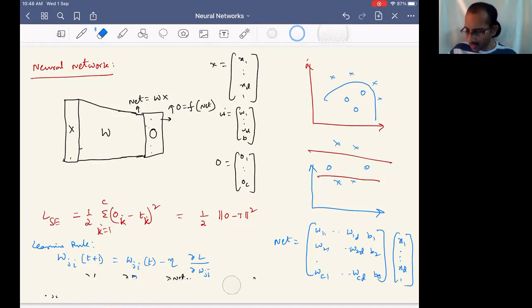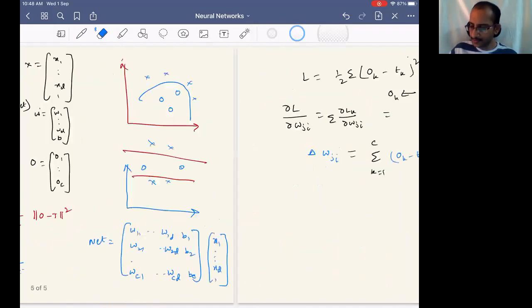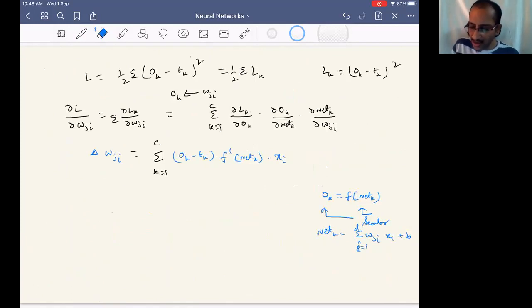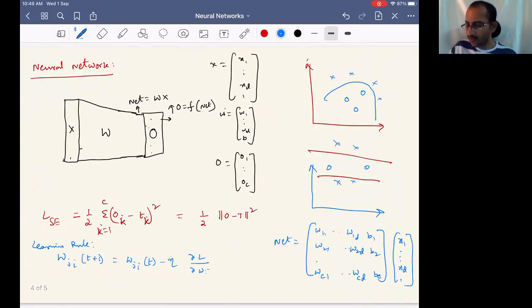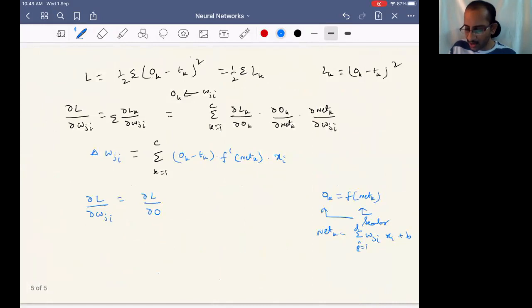Let me try to put it here. This same one we can also write in vector form as dou L by dou Wji is equal to dou L by dou O. L is a function in terms of O minus T, so I can write dou L by dou O as 2 times O minus T, into dou O by dou net.